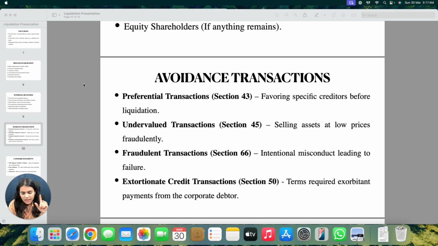So, for any of these transactions, once the realizations arrive, in CIRP a resolution plan is required to address whether the committee of creditors, or the other stakeholders of the corporate debtor, will be realizing the amounts, or if the resolution applicant will be realizing the amounts.